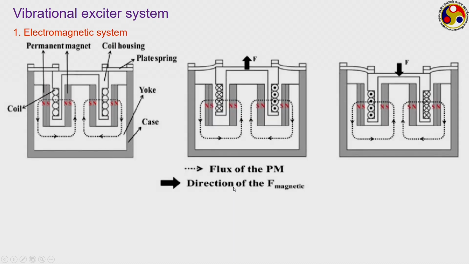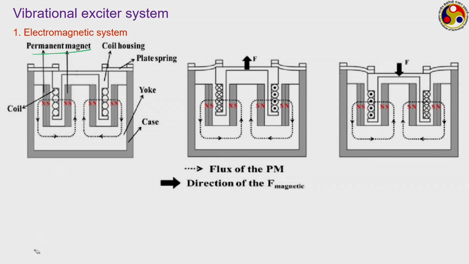In case of electromagnetic system, as shown here, we have one permanent magnet, the shaded one here, and in between the permanent magnet we have some coils placed. So, when there is no electricity, there is only one magnetic field created by the permanent magnet. However, as soon as we switch on the electricity, current starts flowing through the coil, accordingly another magnetic field is created, and by varying the current we can easily change the magnetic flux corresponding to this magnet as well.